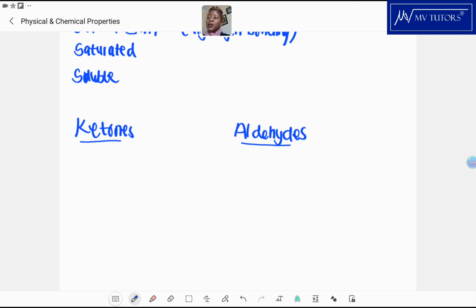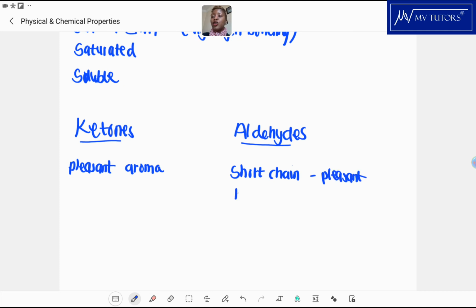Your ketones generally produce pleasant smells, a pleasant aroma. But your aldehydes, it depends. With short-chained aldehydes, you do get pleasant smells.